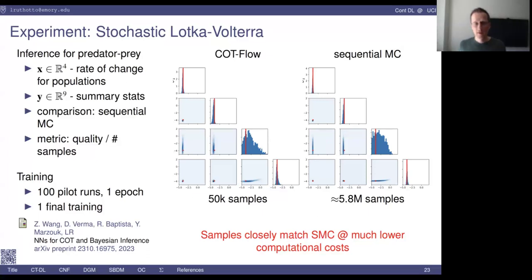So we don't have a sequential data generation. We just in the beginning sample from the joint distribution. So you sample from the prior, you run it through the SDE model, and there you have your XY pairs, right? This can be done in parallel, and you can just stop it at some time.